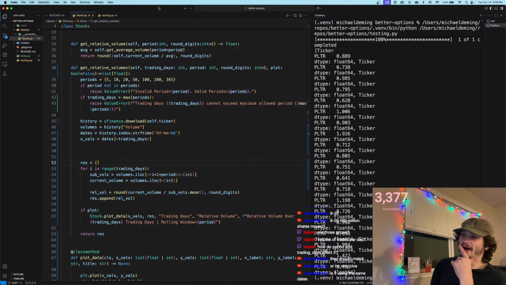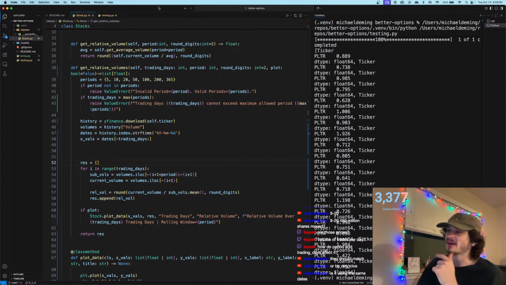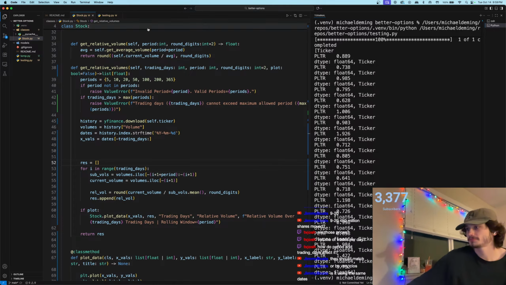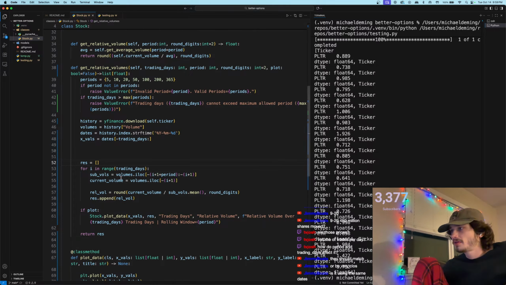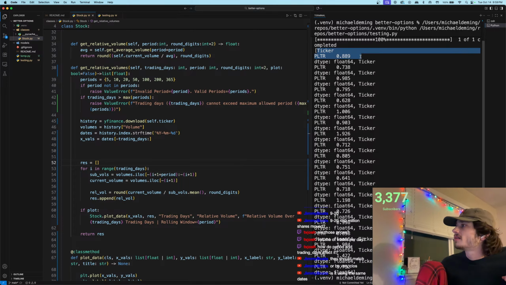Putting the relative volume. Current volume. Why is this giving me back this weird object?